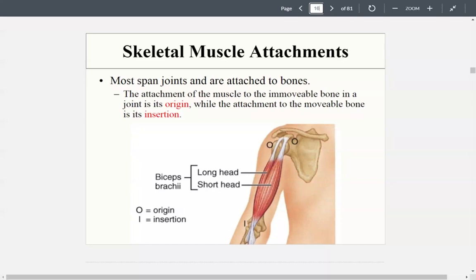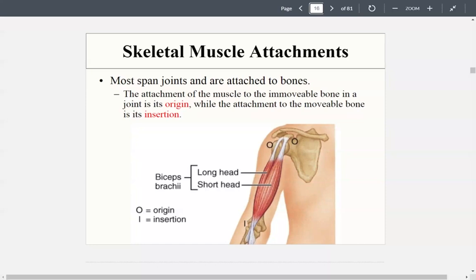So for my biceps, that's going to be the attachment on the scapula. The scapula is not moving when I do a bicep curl. The second attachment is called the insertion attachment, and that is the attachment to the bones that are moving when you contract the muscle. So for my bicep, the origin is the attachment on the scapula because it's not moving. The attachment on the radius and ulna, those are moving, so that is the insertion.